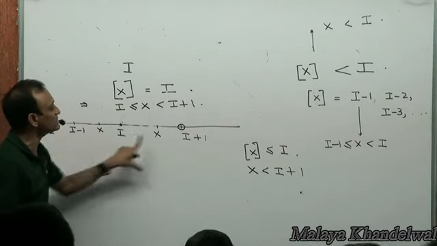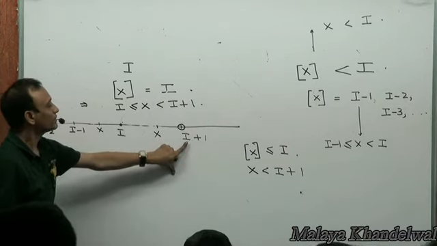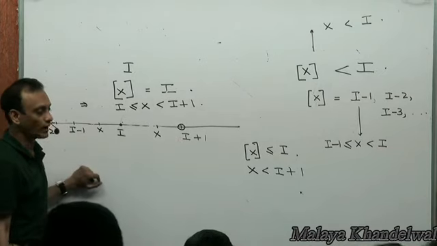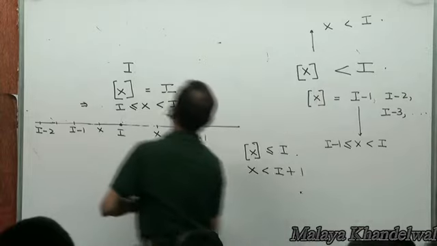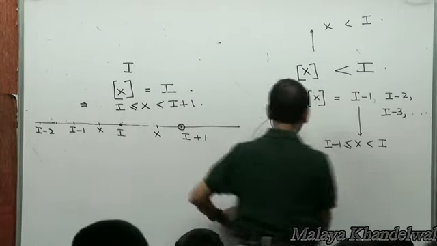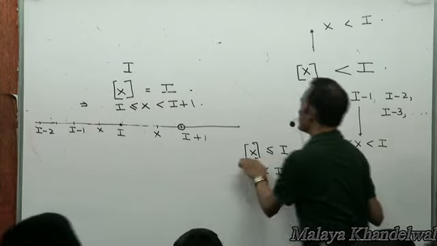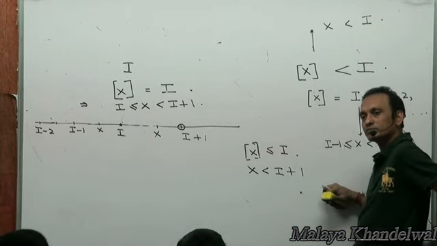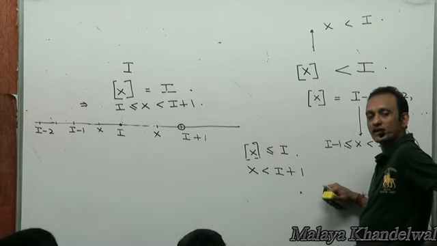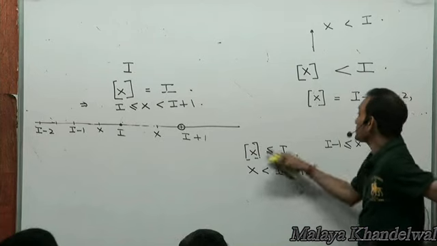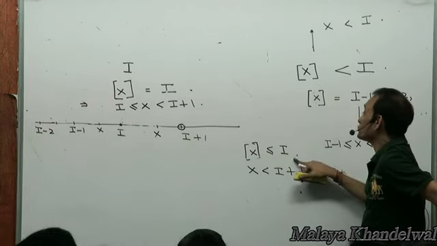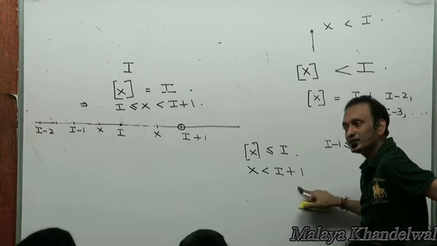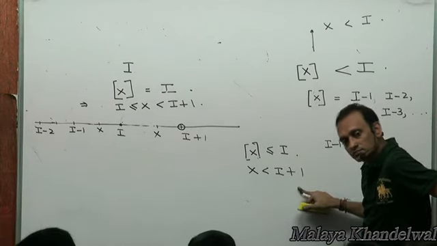In each of these cases, box of x will be less than or equal to I. So box of x less than I would mean x less than I. Box of x less than or equal to I would mean x less than I plus 1.